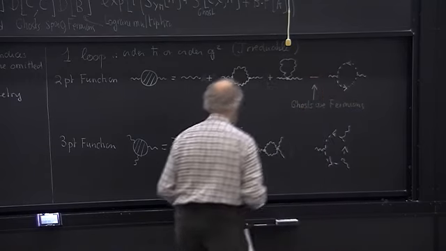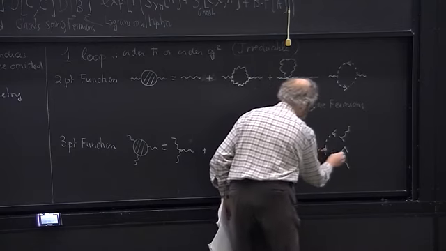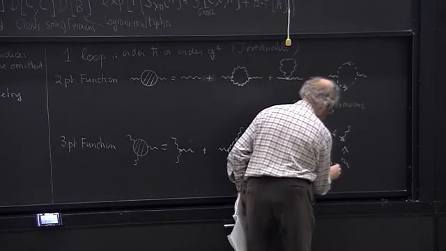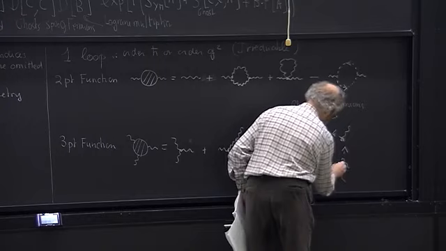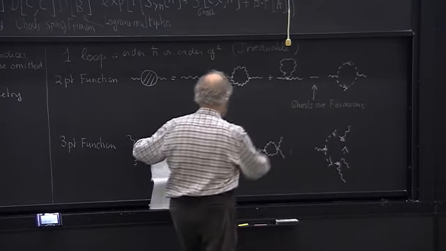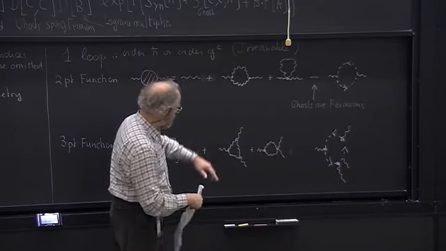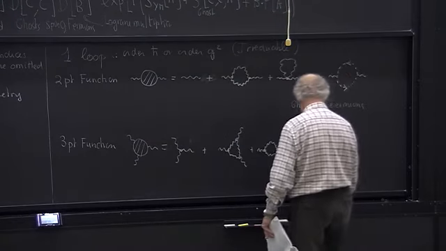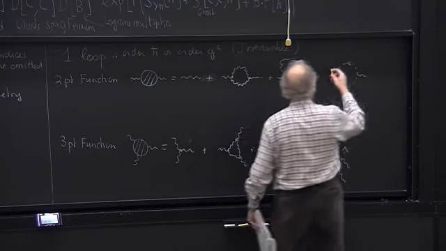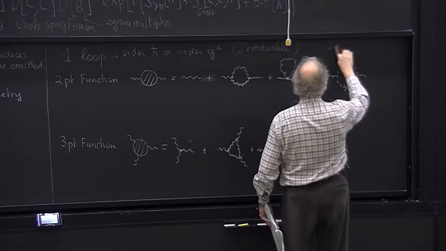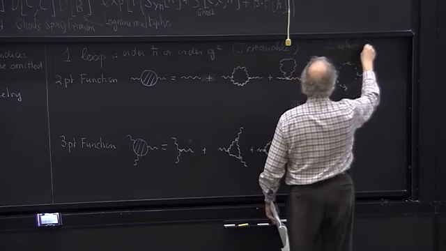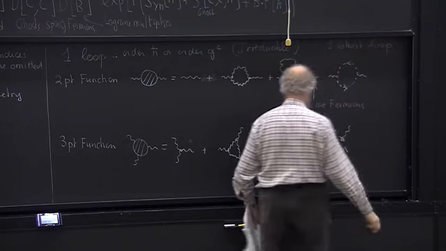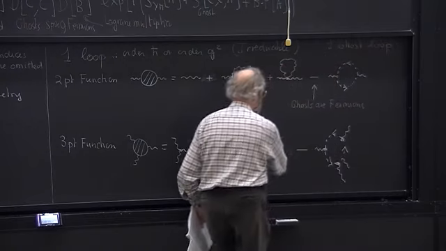Okay. So here you have an interaction vertex. You have 3 points. You have all the possible permutations of the legs, etc. So here you have an internal loop of ghosts. So there is a one-loop, one ghost loop. Okay. And this comes again with a minus sign.